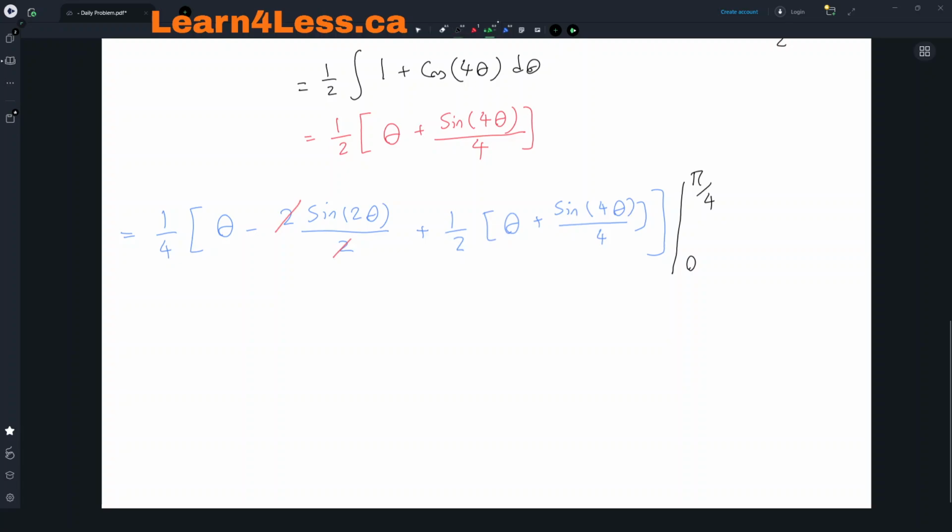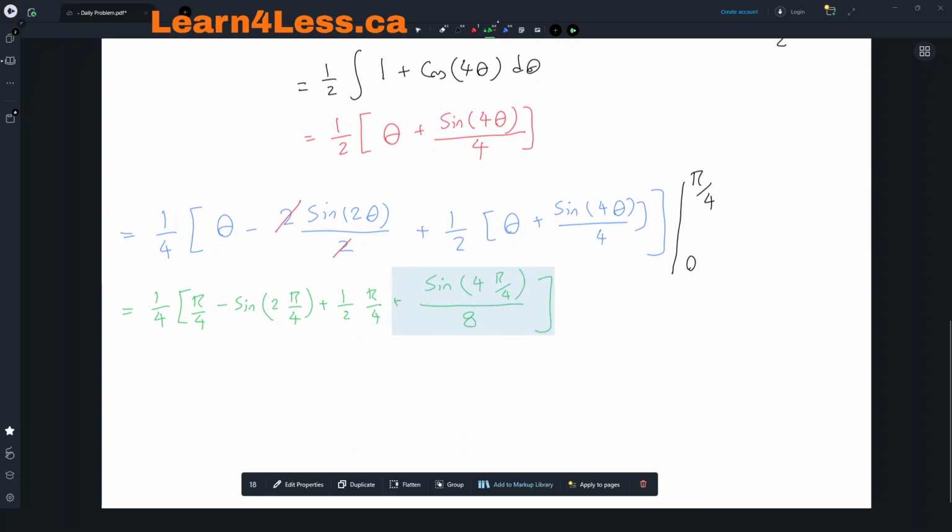We get a quarter times pi over 4 minus sine of 2 times pi over 4 plus, just multiply these two, it's half times pi over 4 plus, again multiplying these by this term, it gives us sine of 4 times pi over 4, all of that over 8. So this is when we plug in the upper bound.